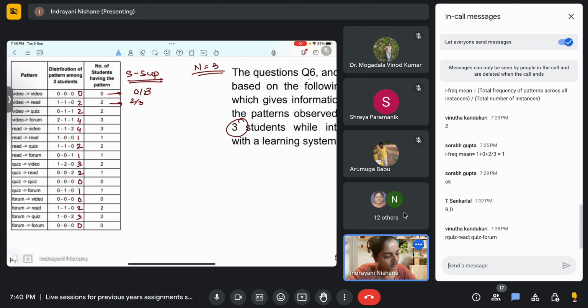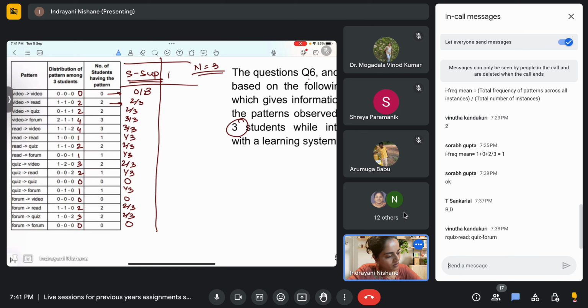So this is 2 by 3, 2 by 3, 3 by 3, 3 by 3, 1 by 3, 2 by 3, 1 by 3, 2 by 3, 1 by 3, 0, 1 by 3, 0, 2 by 3, 2 by 3 and 0. Okay, so this is the S support.